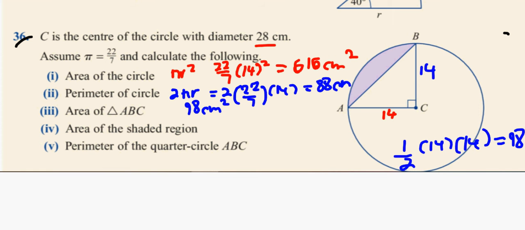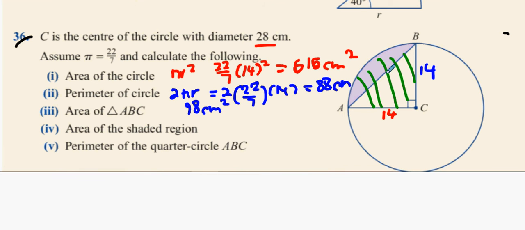Alright. Now here's what I want you guys to look at. If you have a pizza slice, what fraction of the circle is it? 1/4. Would you agree with that? Or 90 over 360, which is, we all know, a quarter. How big is the full circle? 616. So how big would a quarter of the circle be?